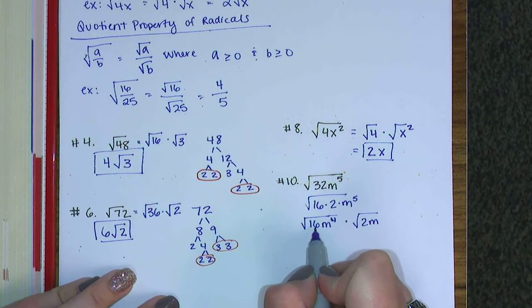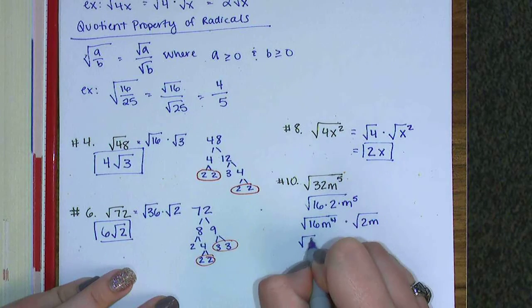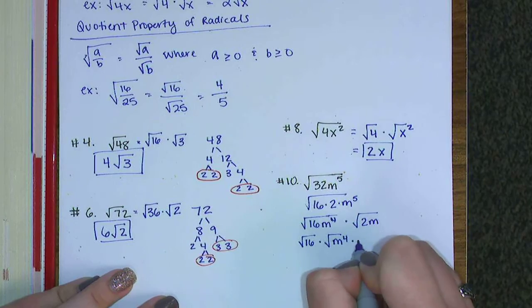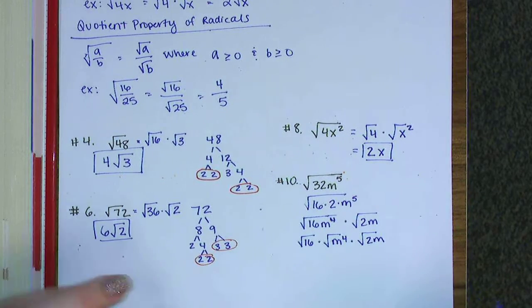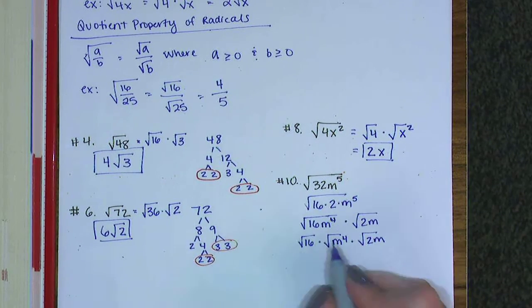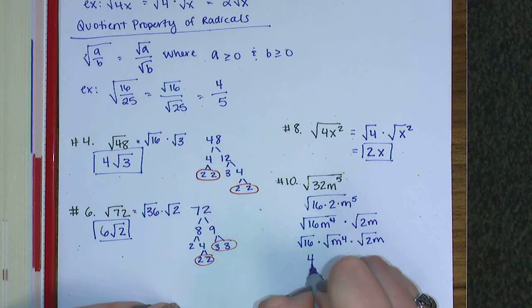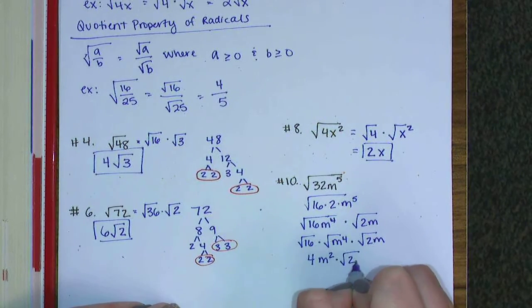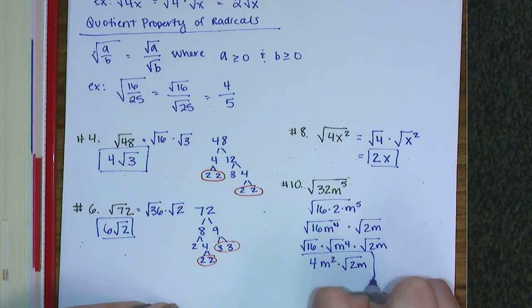This then can be broken up into a separate one to be the square root of 16 times the square root of m to the 4th times the square root of 2m, which then gives you square root of 16 is 4, square root of m to the 4th would be m squared times the square root of 2m would be your answer.